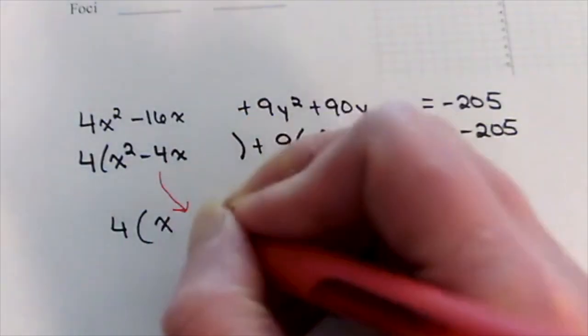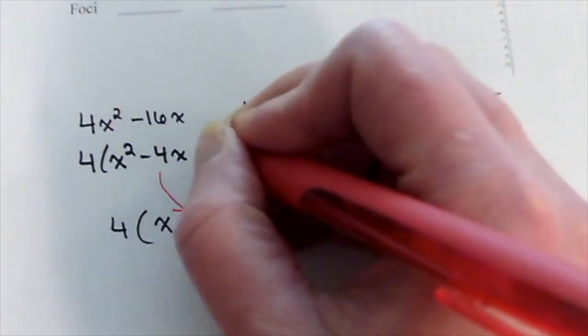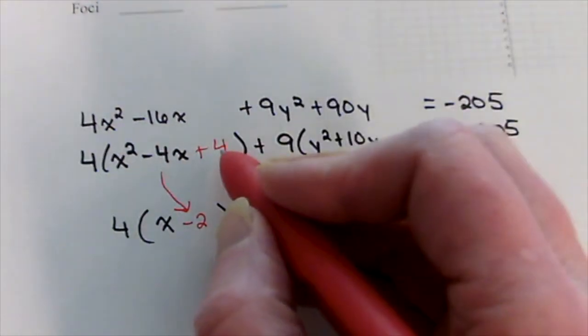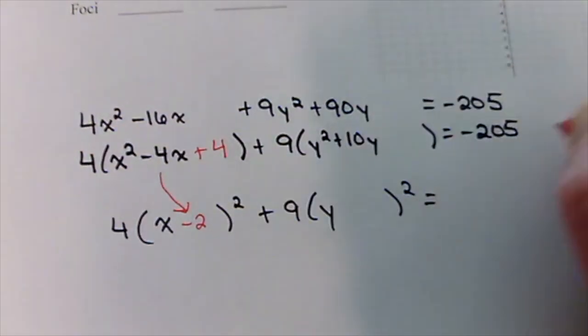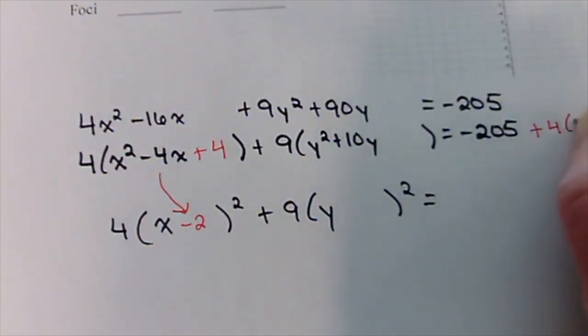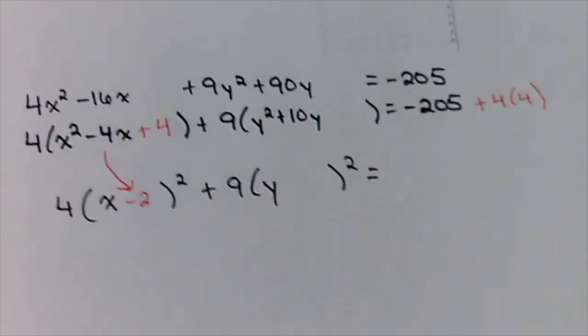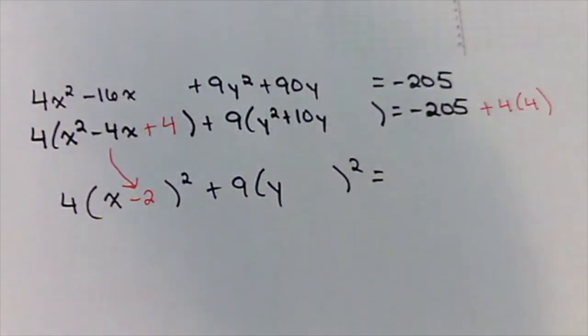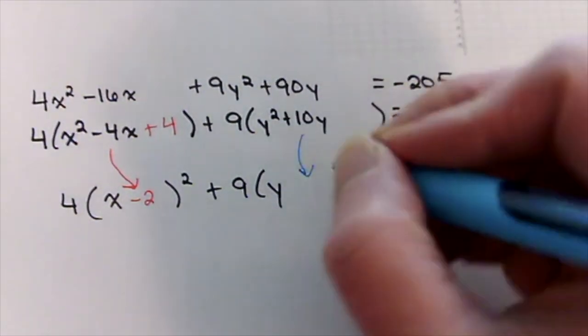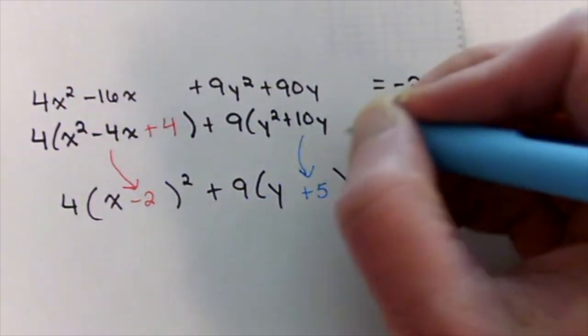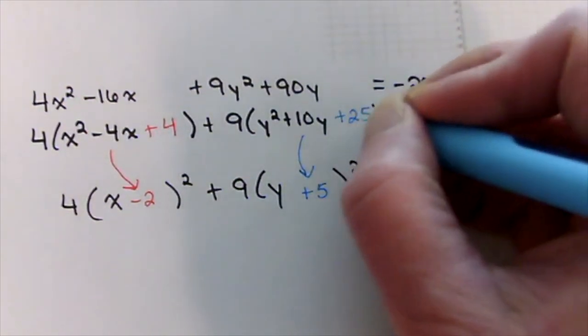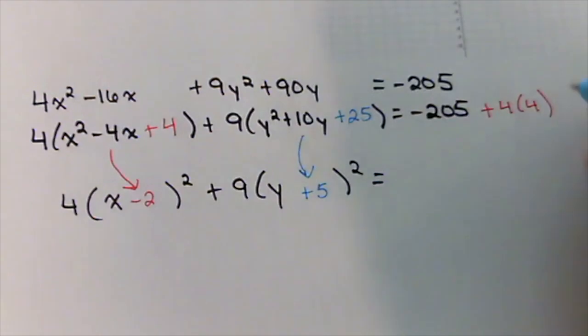Half, and then square it. But I'm not just adding a 4, that's 4 times 4. Half, square it. But it's not just a 25, it's a 25 times 9.